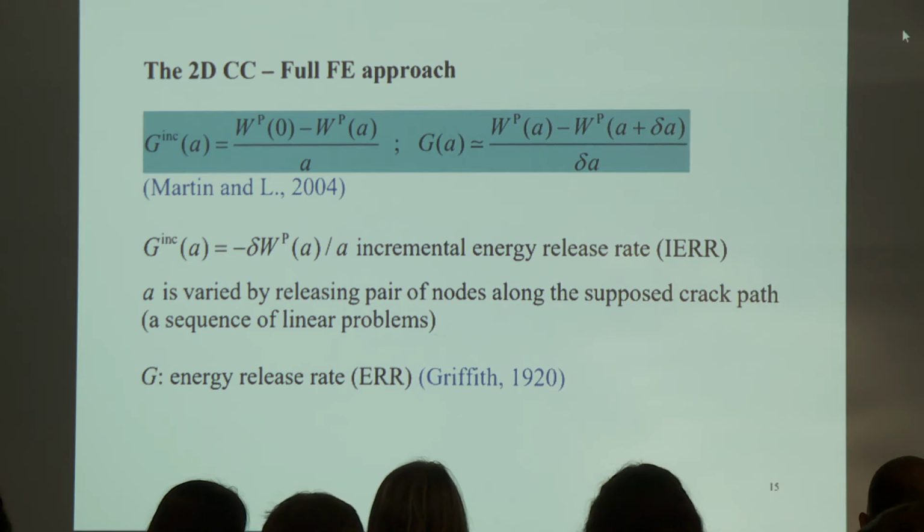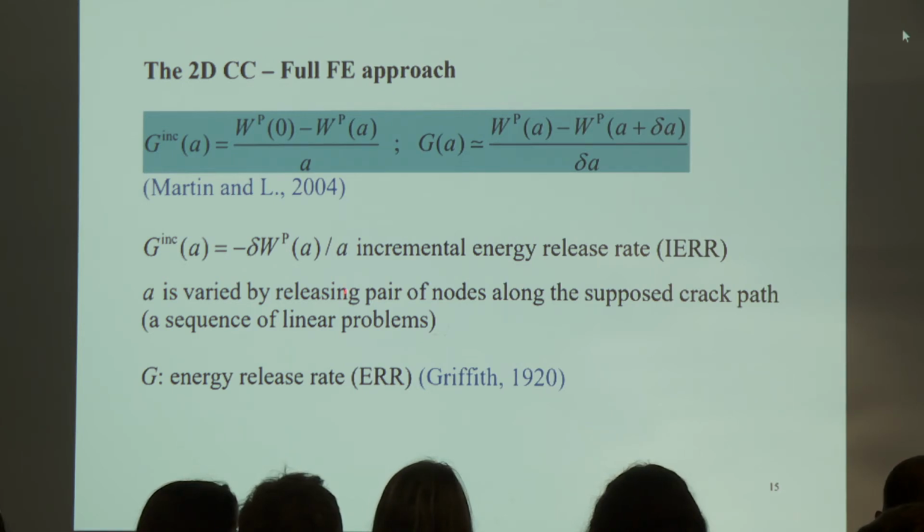Okay, how to implement the coupled criterion? We have computed once for all the stress field before the onset of a crack in order to check if the tensile stress is bigger than sigma C or not. And then we release pairs of nodes along the supposed crack path to calculate the potential energy at this state.